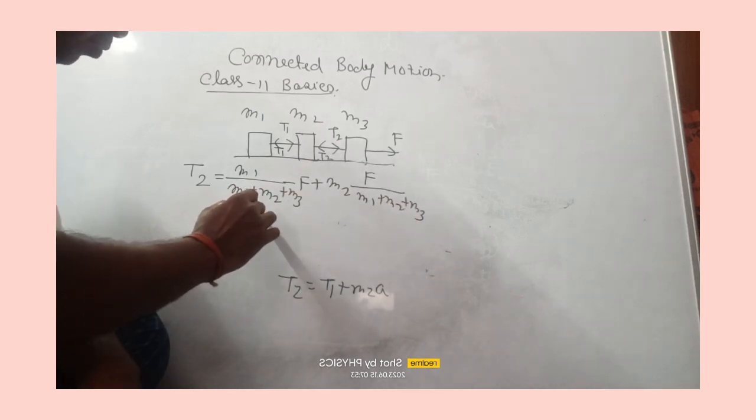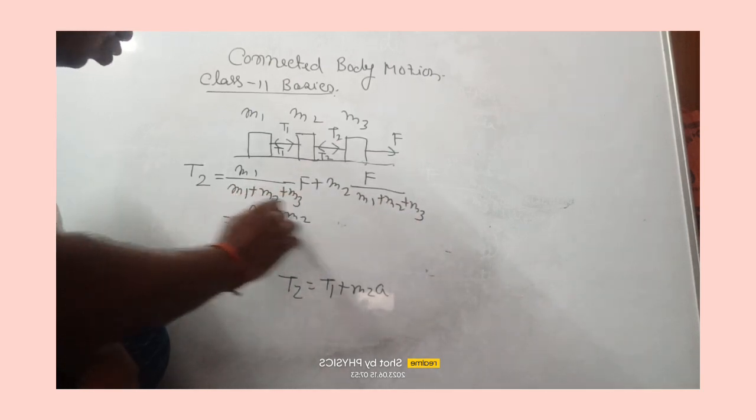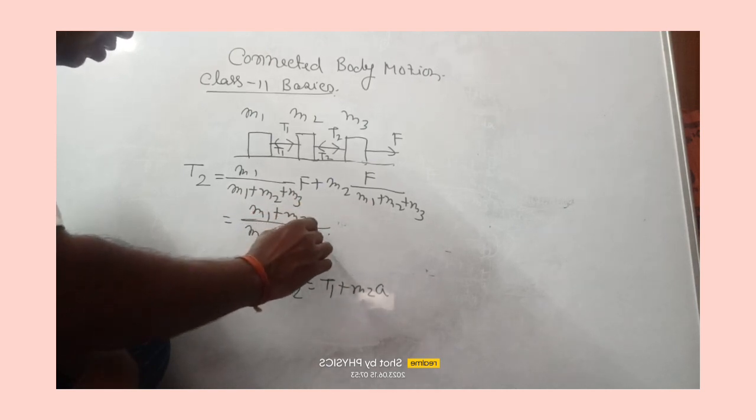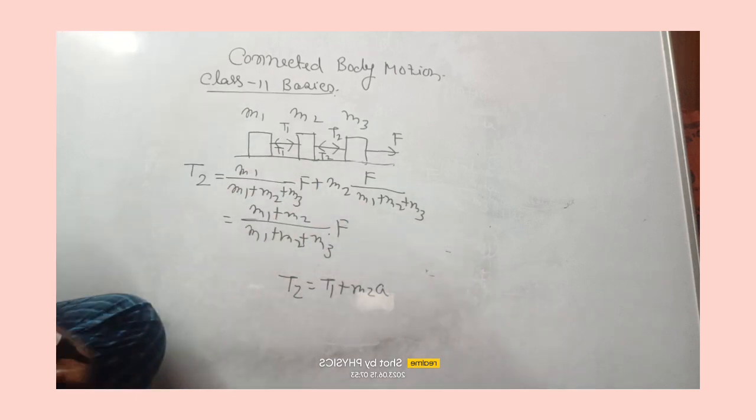So that is equal to m1 plus m2 by m1 plus m2 plus m3 into F. That is the T2.